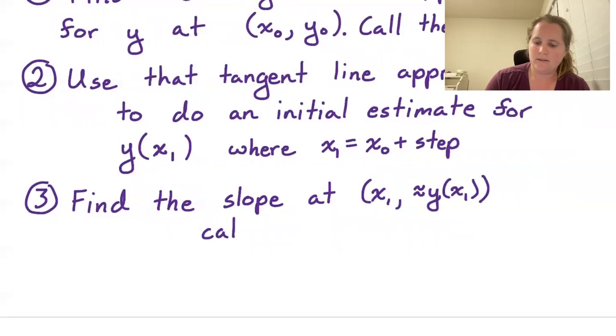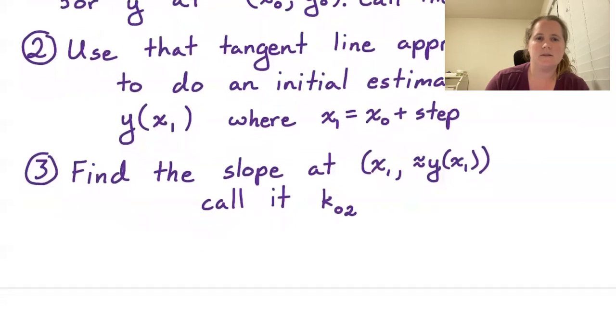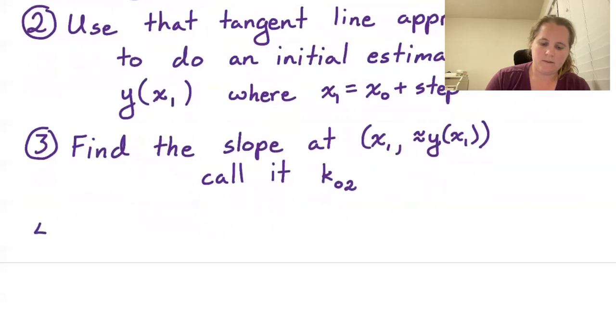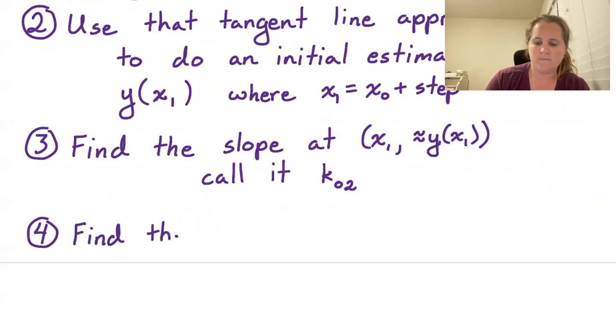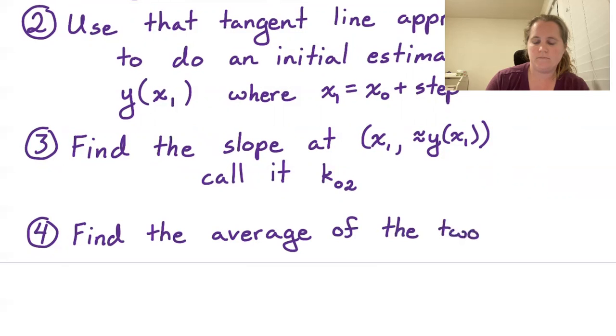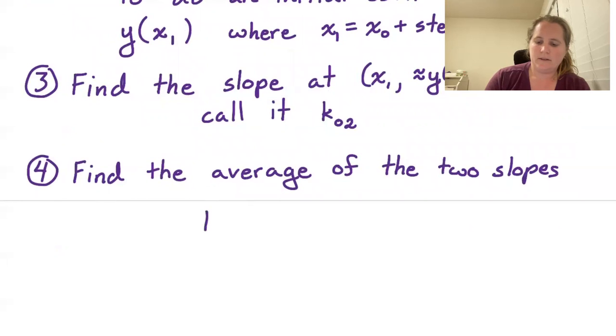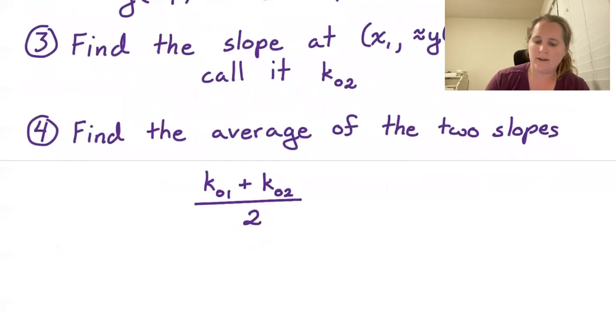And we'll call this K02 for our second slope. Next up, find the average of the two slopes. So K01 plus K02 divided by 2. And we'll call that K.